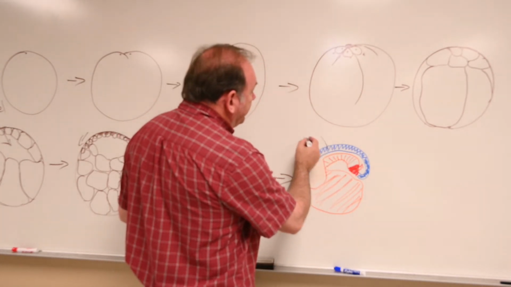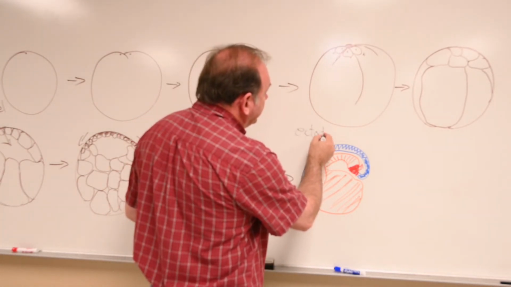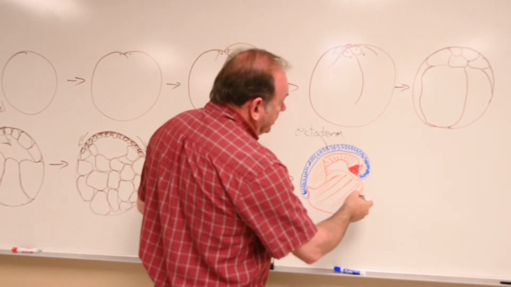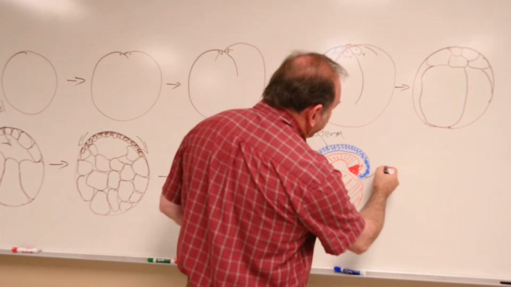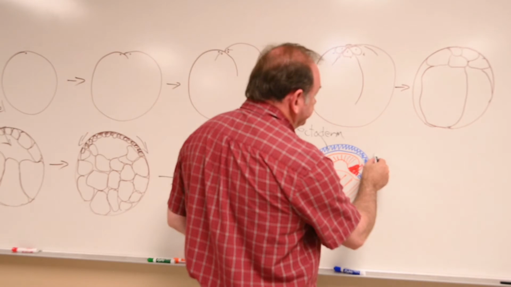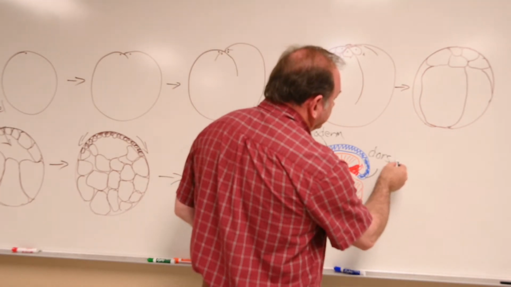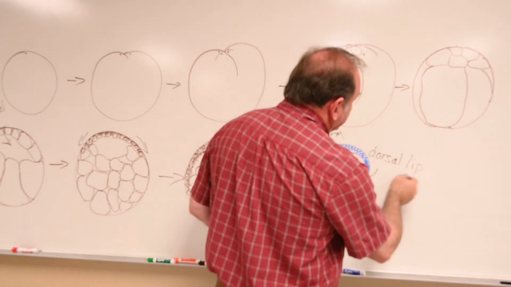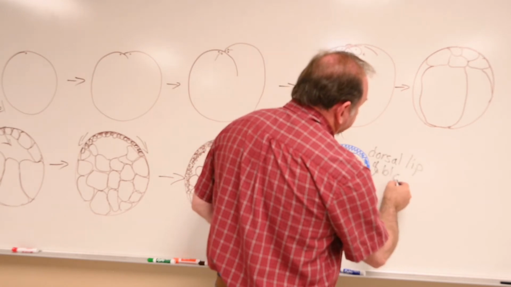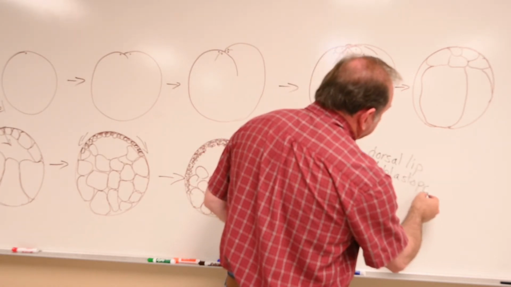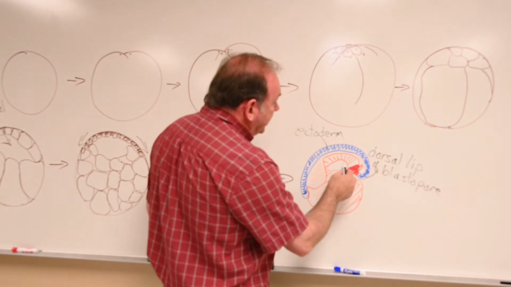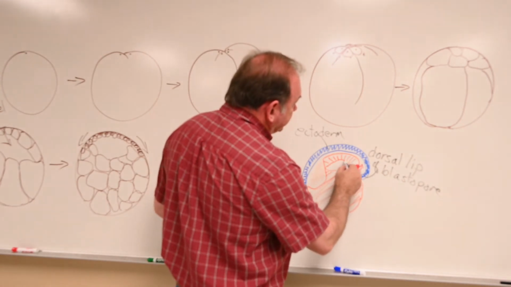So we have ectoderm here. We have what we call the dorsal lip of the blastopore. The beginning of the gut is right here. This is our primitive gut.